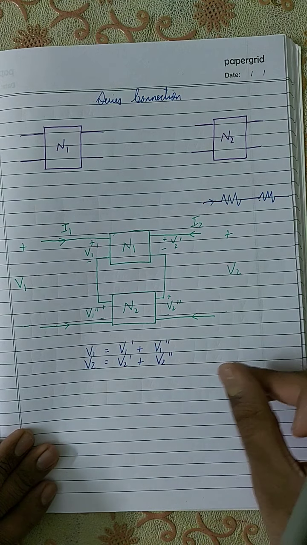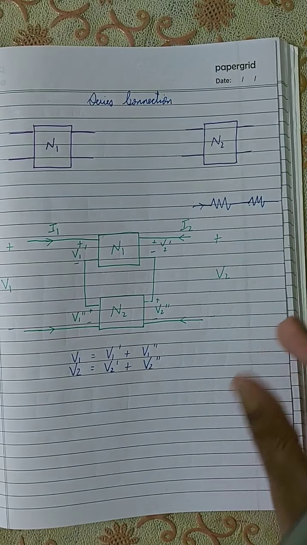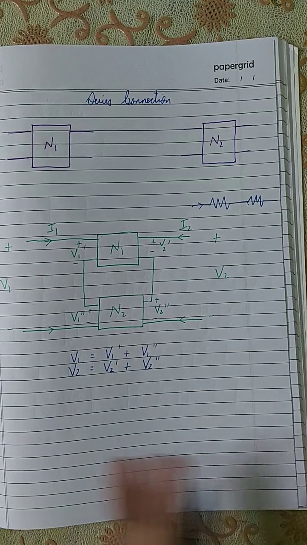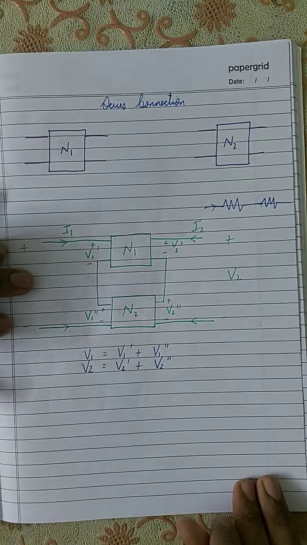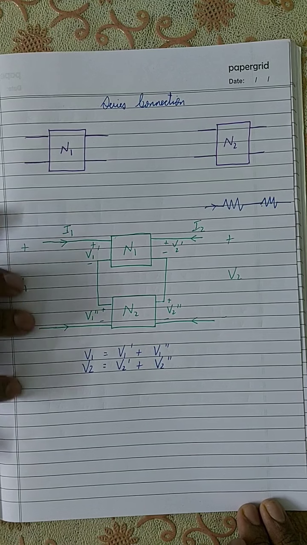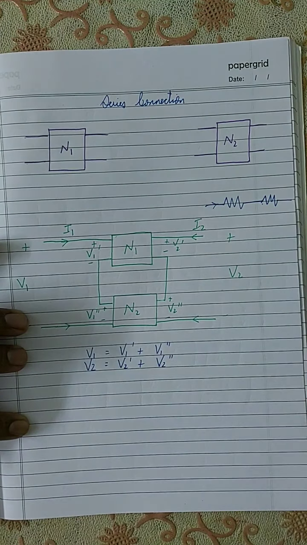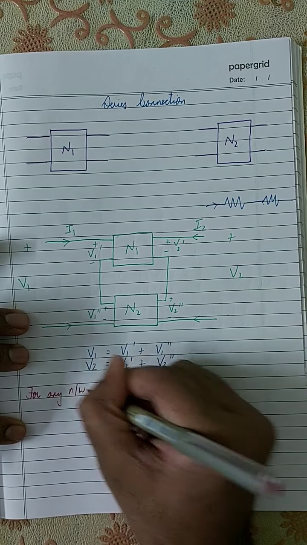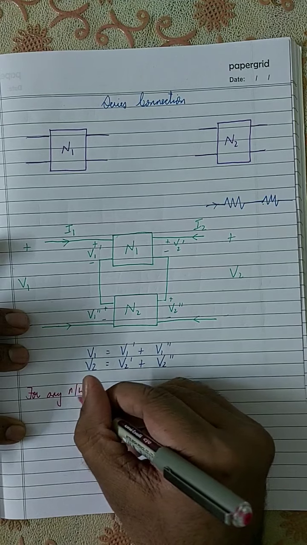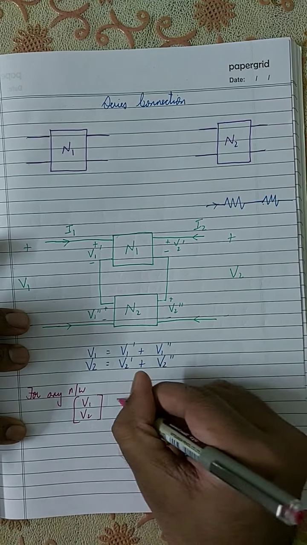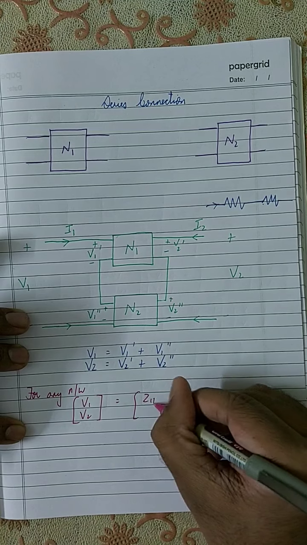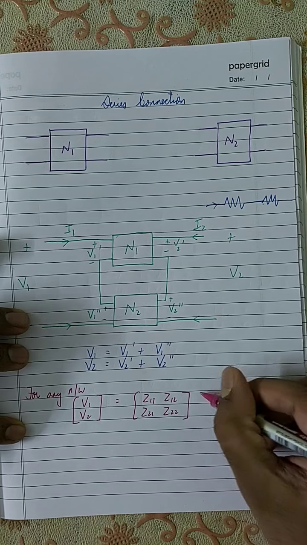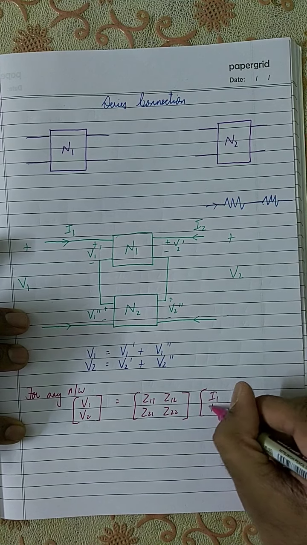Now ask yourself, which parameter do we use in which only the voltages are affected? The only parameter which does that is the Z parameters, right? Because according to Z parameters, for any network, we can say V1, V2, in matrix form, is equal to Z11, Z12, Z21, Z22 into I1, I2.